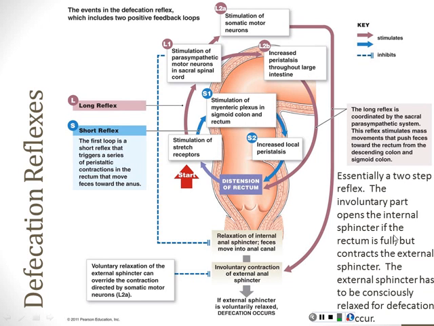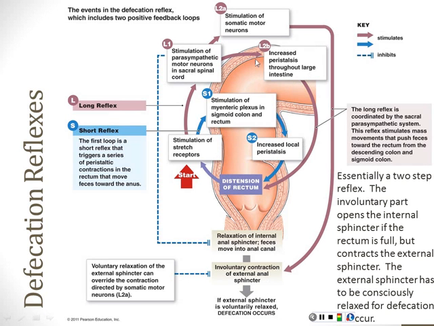The brain didn't say to defecate, so that reflex is put on hold. Now it's going to come back, obviously, and that urge or awareness of needing to defecate will come back when the next mass movement fills the rectum even more. So eventually, the brain will order the relaxation of that external sphincter, and then defecation will occur.